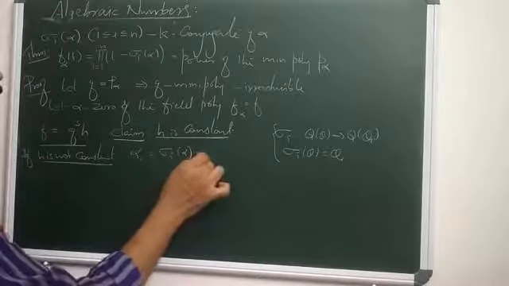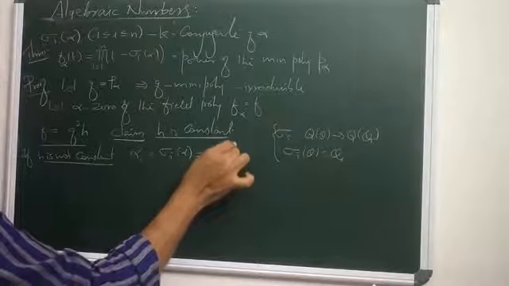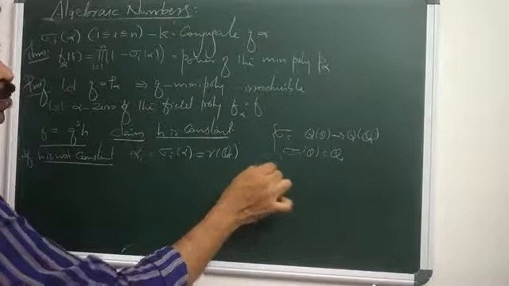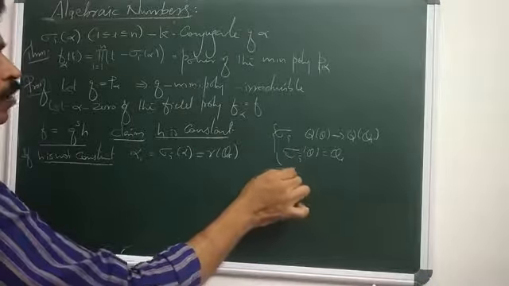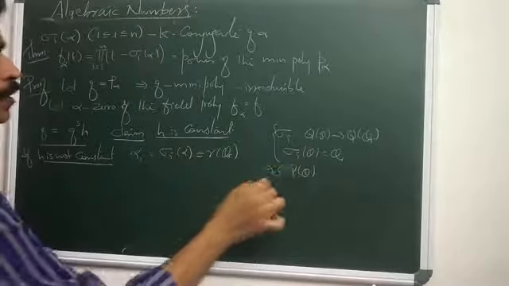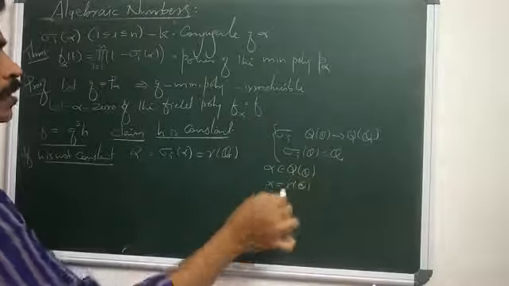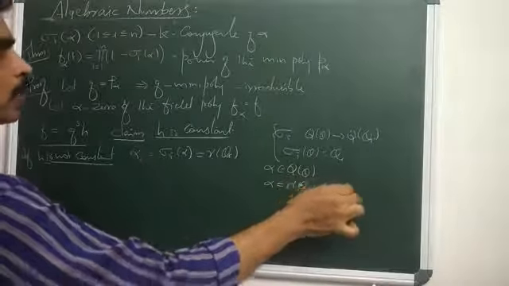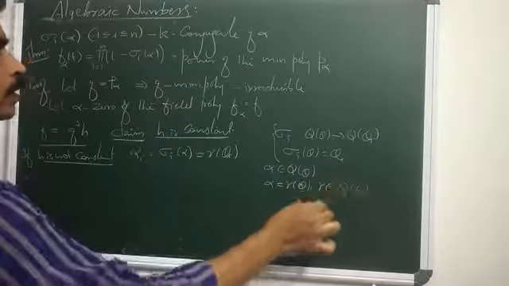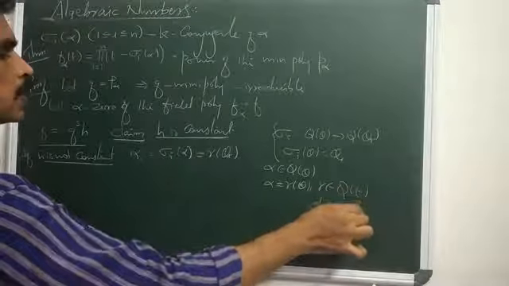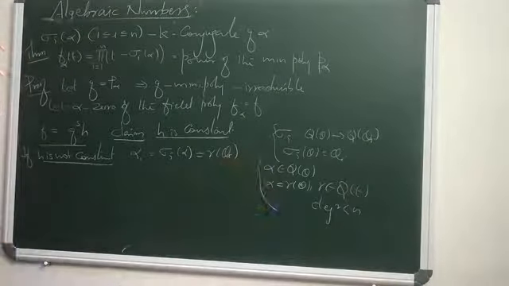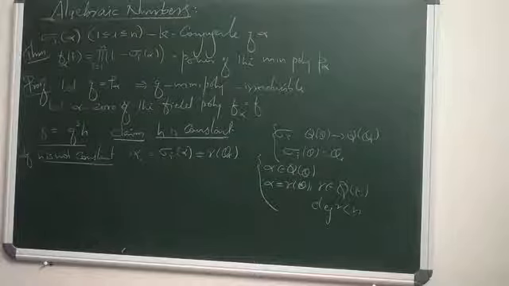We know that sigma i of alpha is r of theta i. Why? Because we can choose this alpha from Q(theta). That means alpha equals some r of theta, where r belongs to Q[t] with degree less than the degree of the number field. Okay, this is our choice.